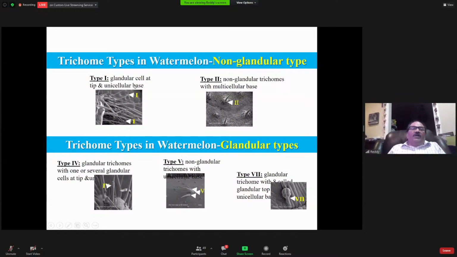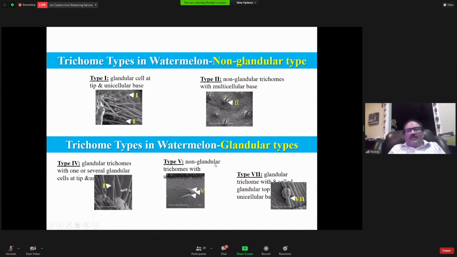So there are different kinds of trichomes. Type 1 trichome has a glandular cell at the tip, but a unicellular base. Type 2 are non-glandular trichomes, the spiny kind of trichomes with a multicellular base. And type 4 are the glandular trichomes with multiple cells at the base.